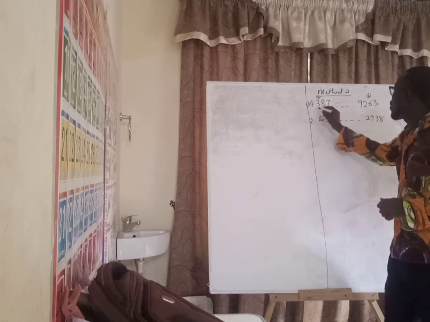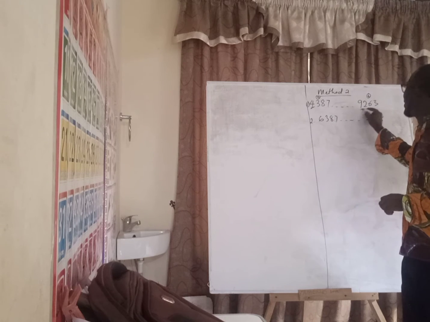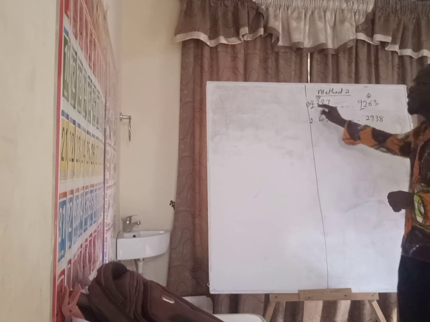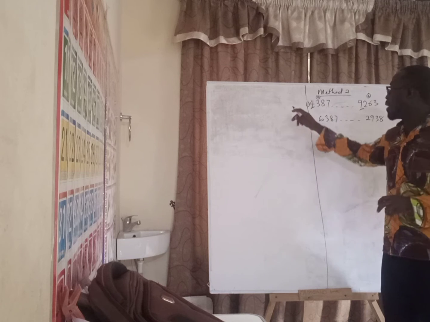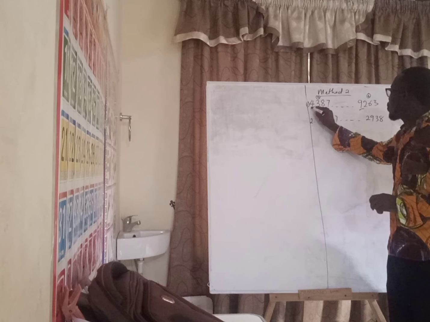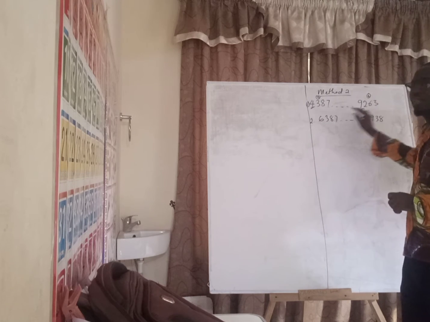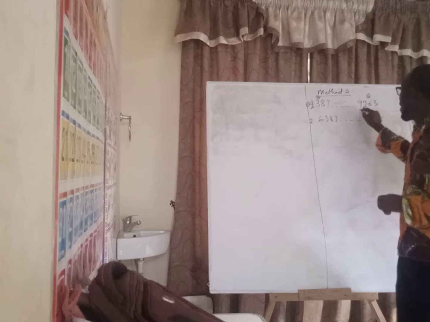In the second method, we look at this first digit and look at this second one. All right? We look at this first one and look at this first one. So let's compare this one and that one. 4 and 9.